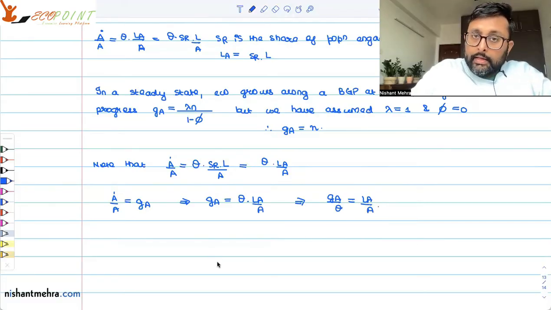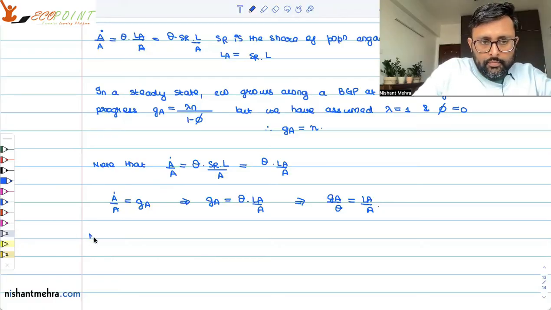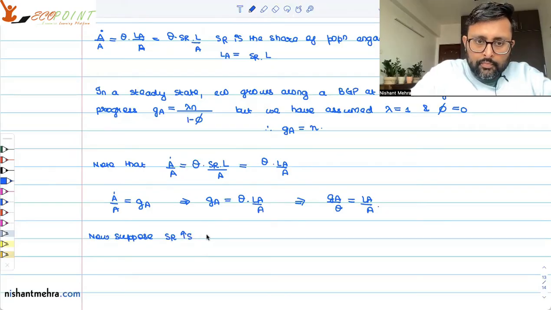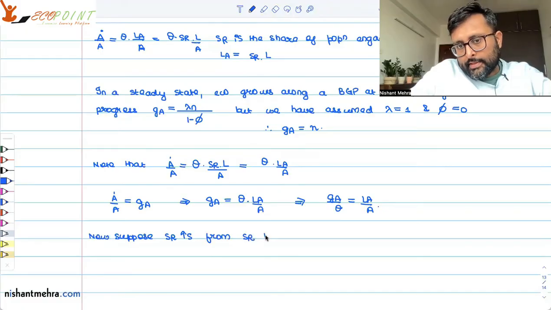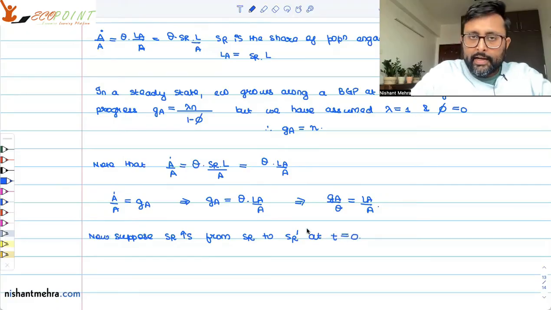Now suppose the share of population engaged in research increases from SR to SR dash at time period 0.